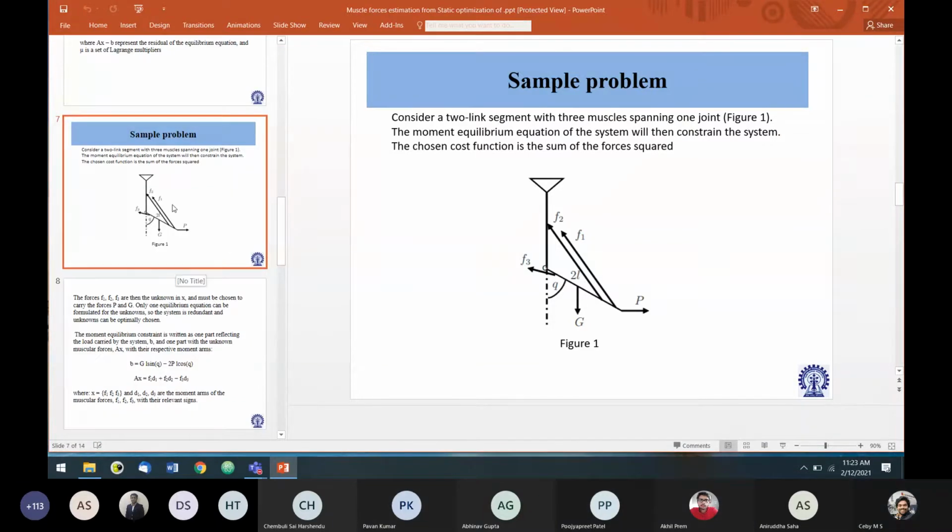Okay, so here I will just give you a hint. One problem will be there from static optimization. So everyone be alert, for every step there will be marks, so you know where you have lacked. In the previous assignments, many ignored the assumptions and steps, some just directly gave the answers.